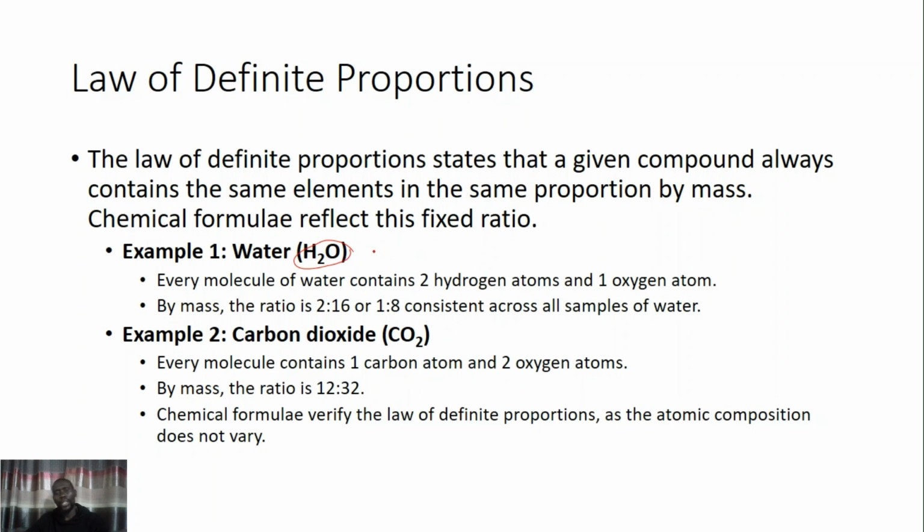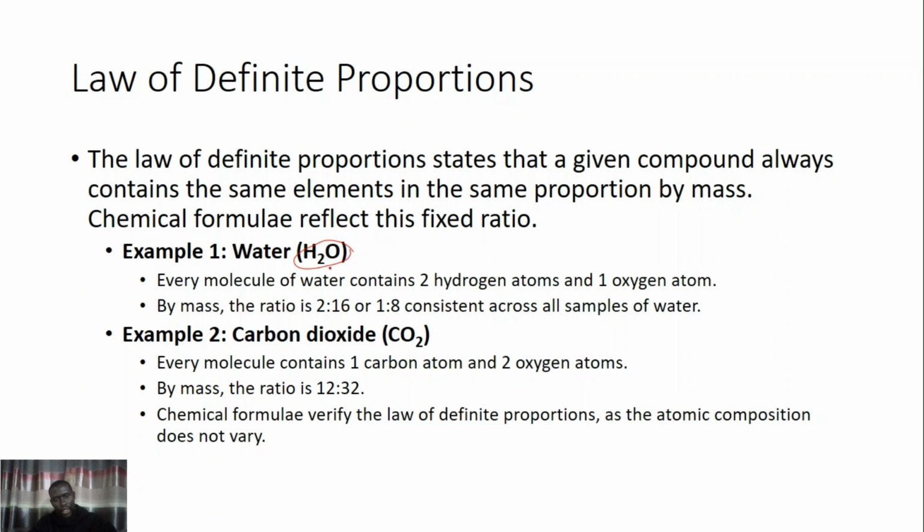Whether you get it from seawater or from acid-base neutralization, it is usually combined in the ratio 2 to 1. For example, every molecule of water contains two hydrogen atoms and one oxygen atom. That's how it always is, irrespective of where the water is gotten from. That's what this law of definite proportion is talking about.